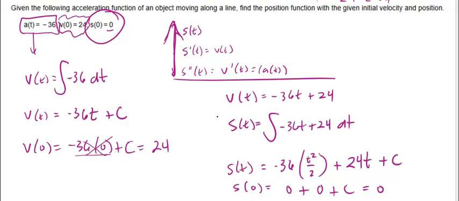And what you should do is call this like C1 so you don't get confused. And then when I do it again, I guess that should be C2 since they're not really the same thing. C2 would be 0, so that's gone. So my final answer for my position function is, let's reduce this. 36 over 2 is 18, and then plus 24t.